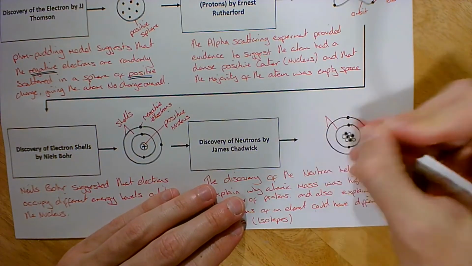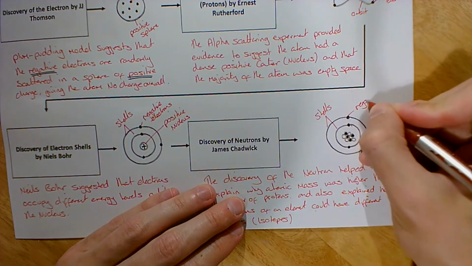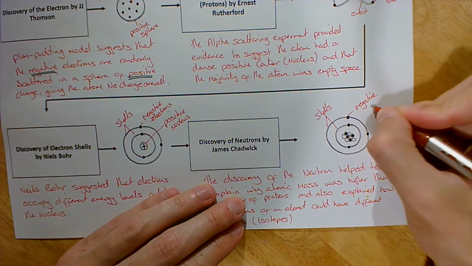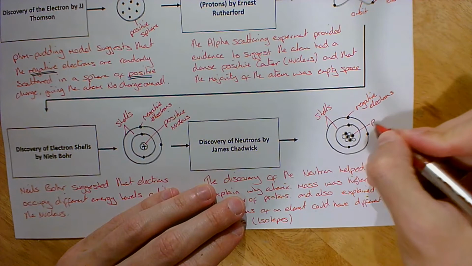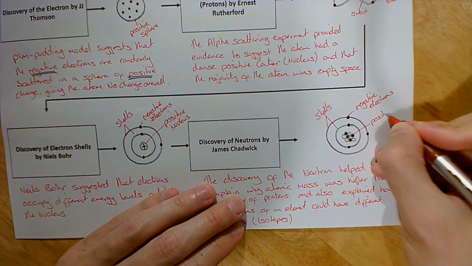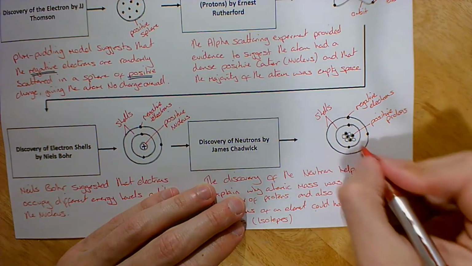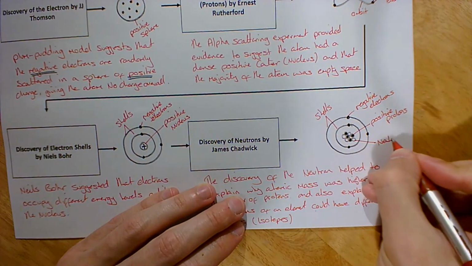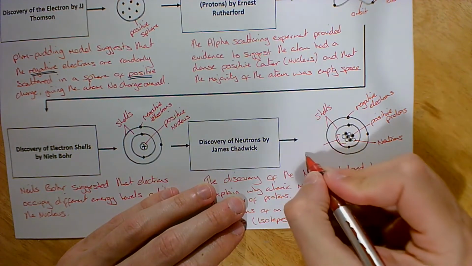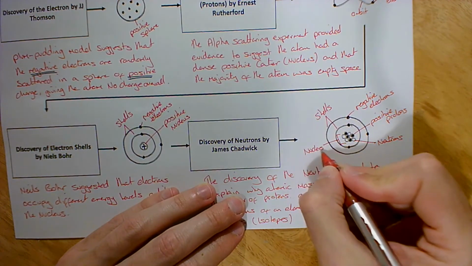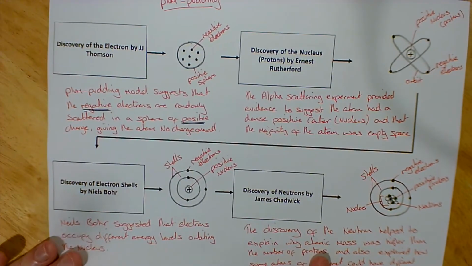So we have our shells of negative electrons, we have positive protons, we have neutrons, and the protons and the neutrons are found in the nucleus, while the electrons are found in the shells orbiting the nucleus.